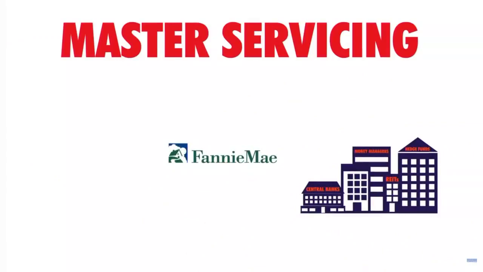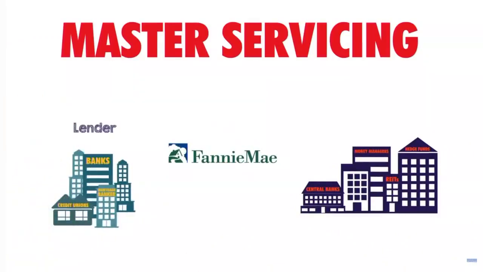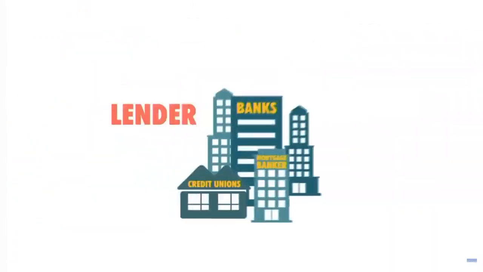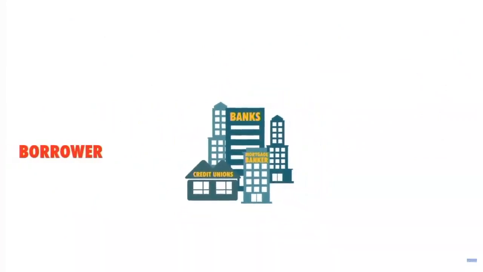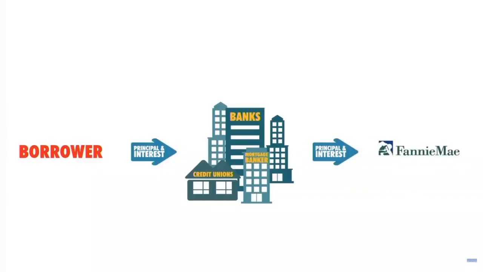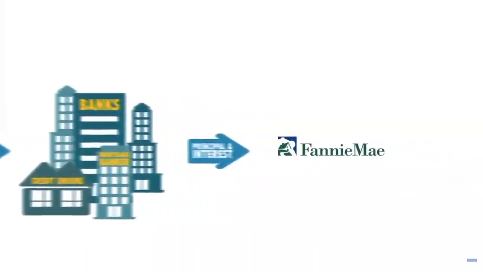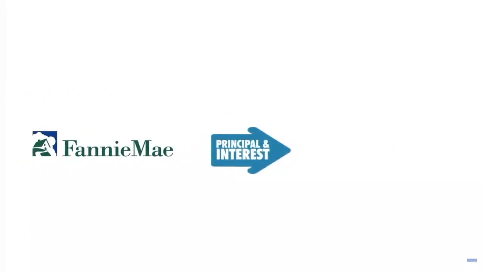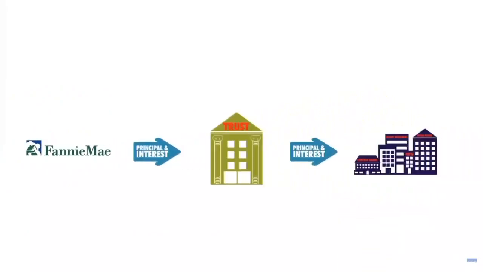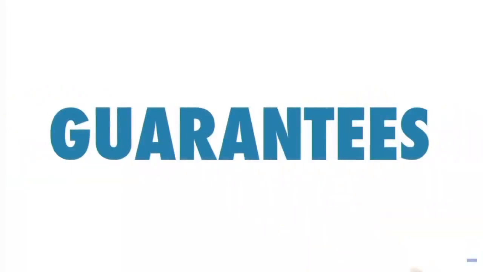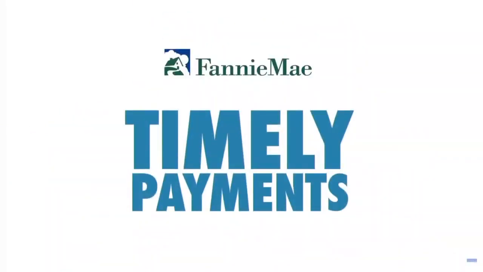Fannie Mae has an ongoing relationship with both the lender and the investor. The lender continues to service the loan, collecting payments from the borrower, and sends principal and interest on to Fannie Mae after keeping a servicing fee. For MBS, Fannie Mae passes that principal and interest through a trust to the investor. Since Fannie Mae guarantees to the investor timely payments of principal and interest, we receive a monthly fee.